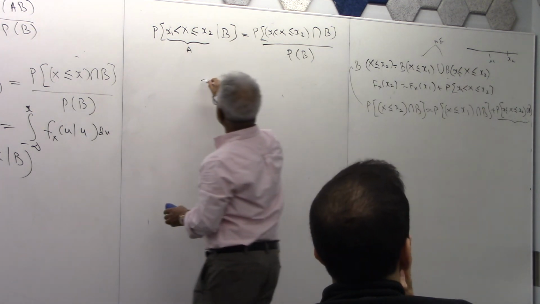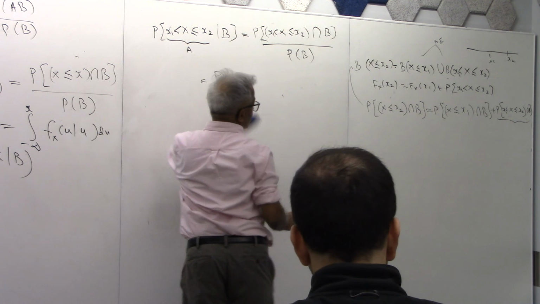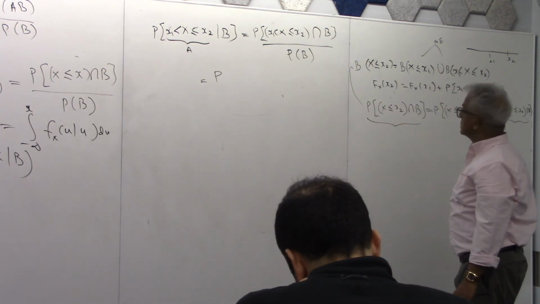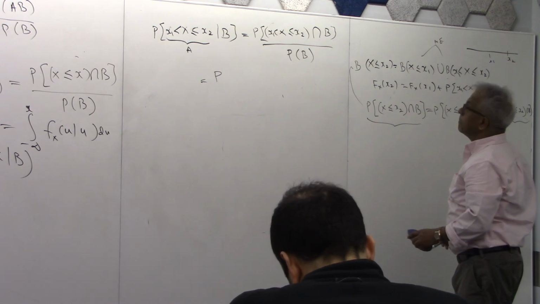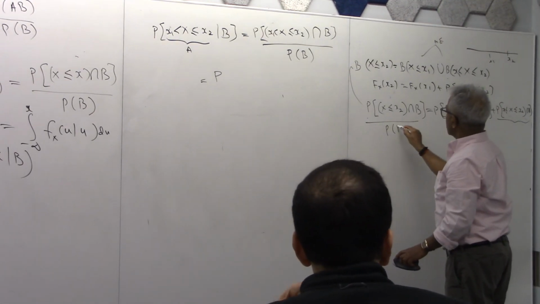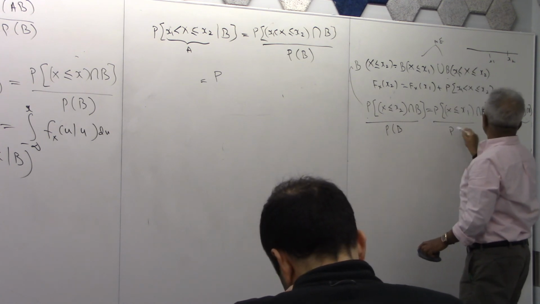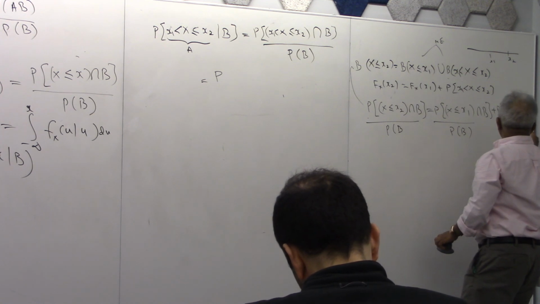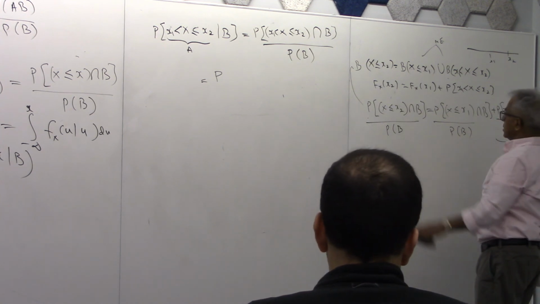So I can write this, we have gone over this before, right? This divided by P(B) is this divided by P(B) plus this divided by P(B). And this is the term we are looking for.